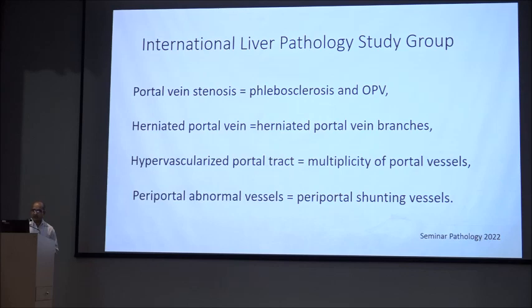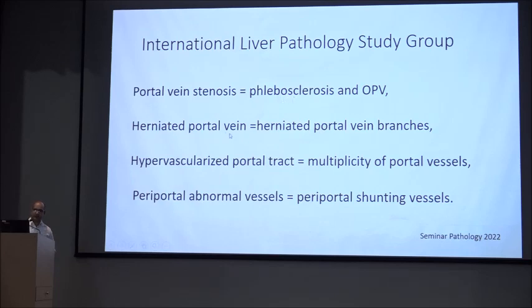Now, the International Liver Pathology Study Group has given certain terms to unify the various histological features which we describe in the pathology report. They say that portal vein stenosis should be used instead of phlebosclerosis and OPV.